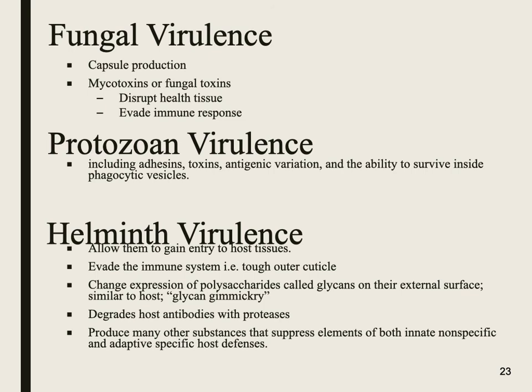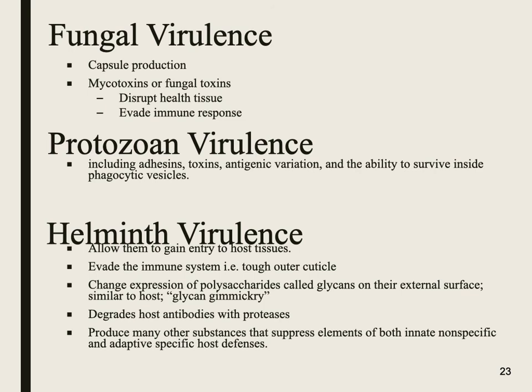Also, they can produce proteases that are going to degrade the host antibody. So even if you do have an antibody response, keep in mind a lot of times helminths, parasitic worms, are going to be found in the gut. The gut's going to produce mucus. In the mucus, there are going to be IgA antibodies, and so again, they produce proteases and deactivate those antibodies.